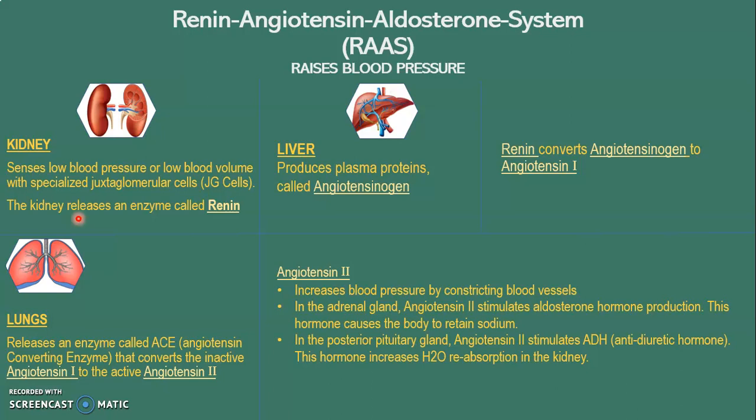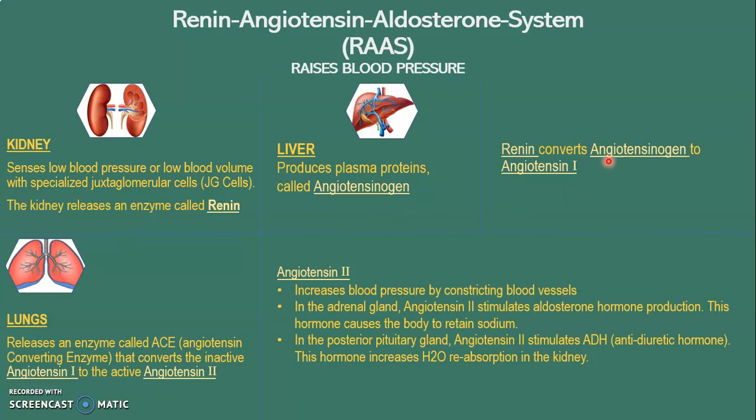But there is one protein that we have to focus on, called angiotensinogen. Angio means vessel, tensin means tense, and ogen means inactive. So this protein is inactive.